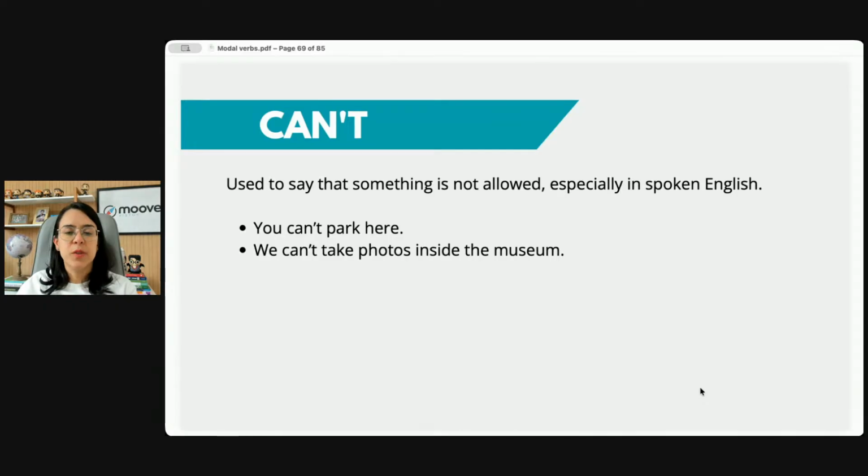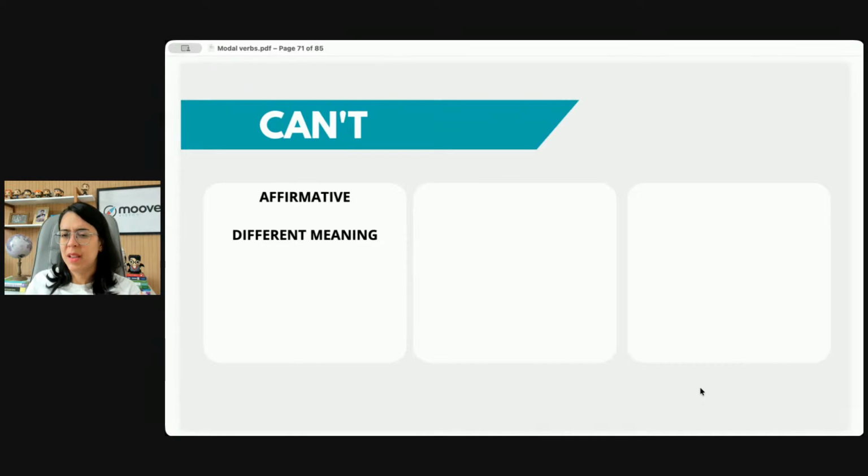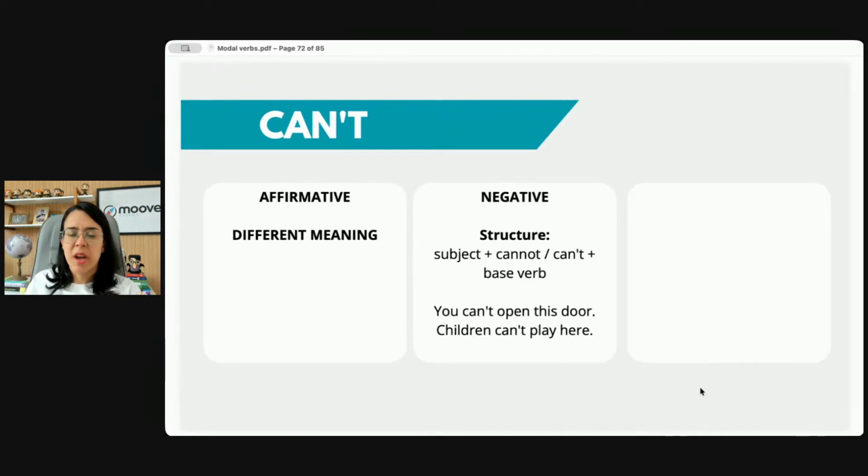"We can't take photos inside the museum." Okay, so it's very common in conversations. It's less formal and less emphatic than mustn't. And it's used to replace mustn't.